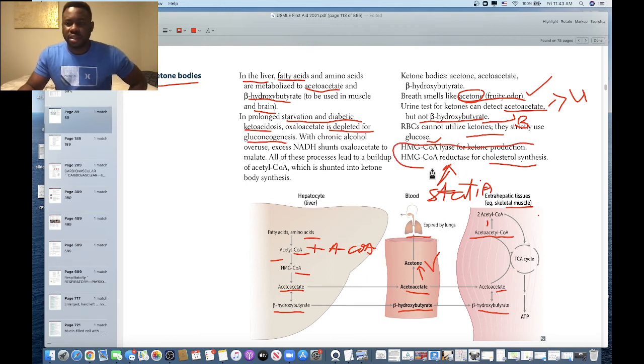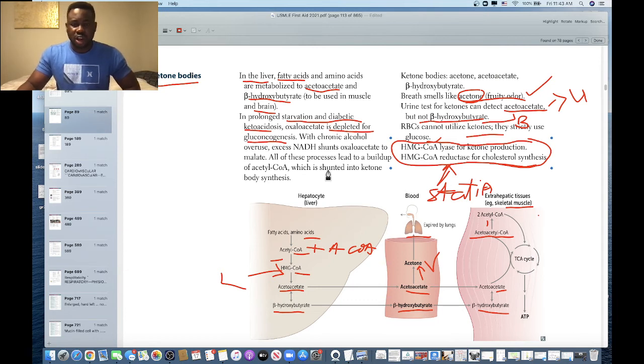Anytime you see HMG-CoA lyase, it is breaking this HMG down to make acetoacetate and beta hydroxybutyrate. But the HMG-CoA reductase is used in cholesterol synthesis. So take note of that. This helps us a lot.